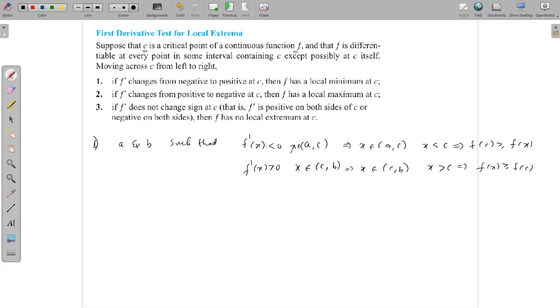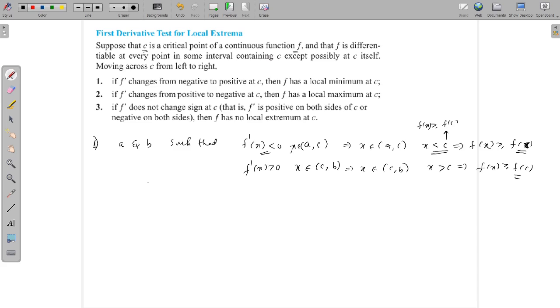Here we have f dash x less than 0, then x less than c implies f of x is greater than or equal to f of c, because here we have the decreasing nature. So in any case f of x is greater than or equal to f of c, so f of c is a point of minimum.